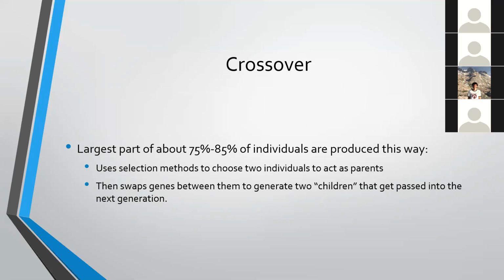Those two parents then get quote unquote crossed over, where some of their genetic locations, or, I guess a better way of putting it in the coding language, some of the numerical values in parts of arrays for an individual get swapped with another one between the two parents. And this creates two children that then get put into the next generation.